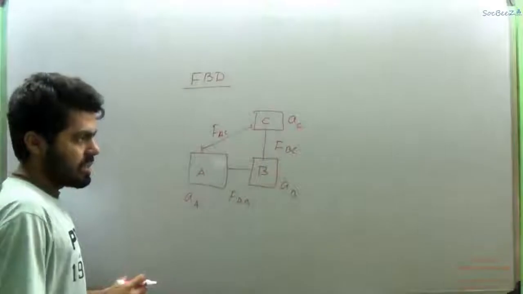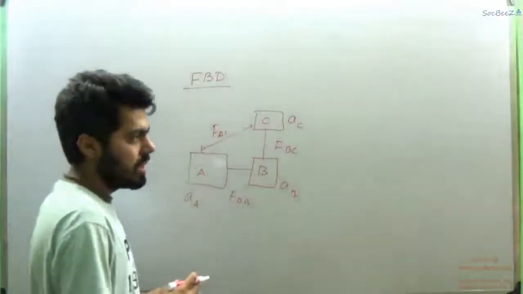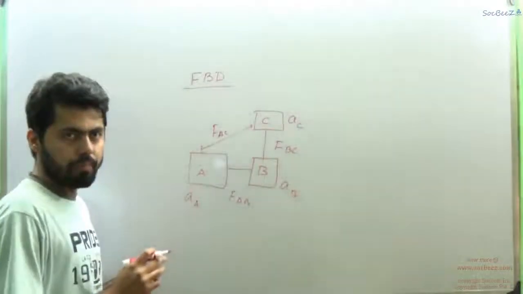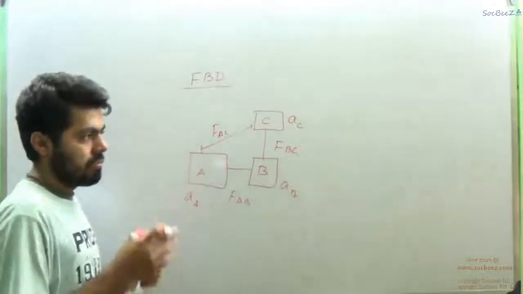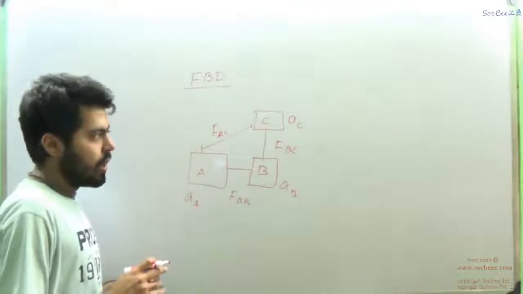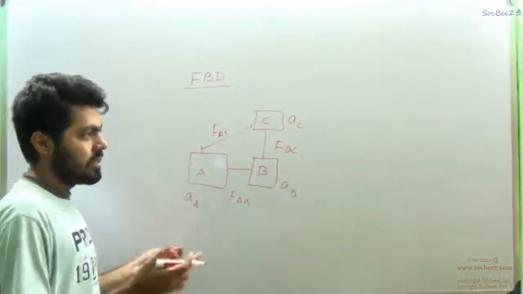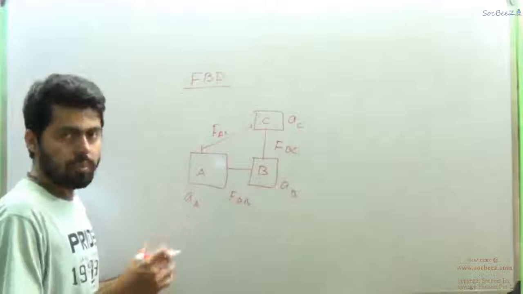So there will generally be two cases. In one case the system, or a few objects of the system, are at equilibrium, or the entire system is not in equilibrium.